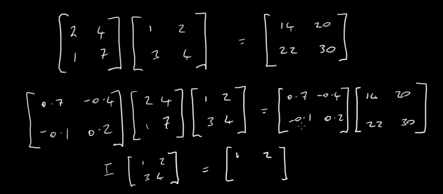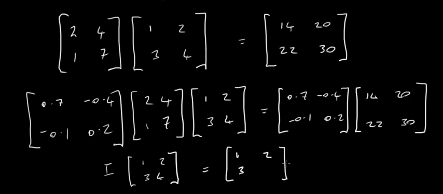Okay, so let's do this one down here now. So that's minus 0.1 times 14. So that just gives me minus 1.4. So we start with minus 1.4. And then plus 0.2 times 22. And that will give me 3. So that's perfect. I get 3 here.